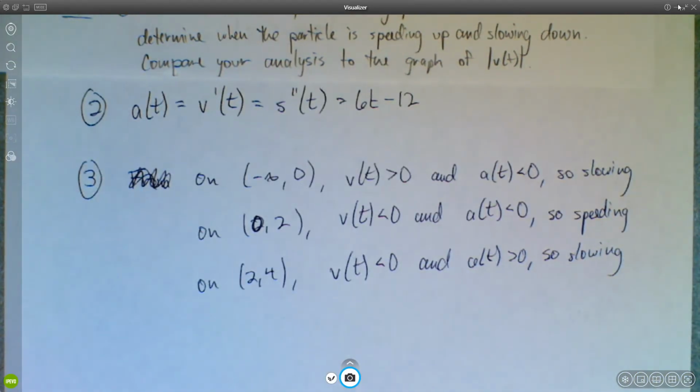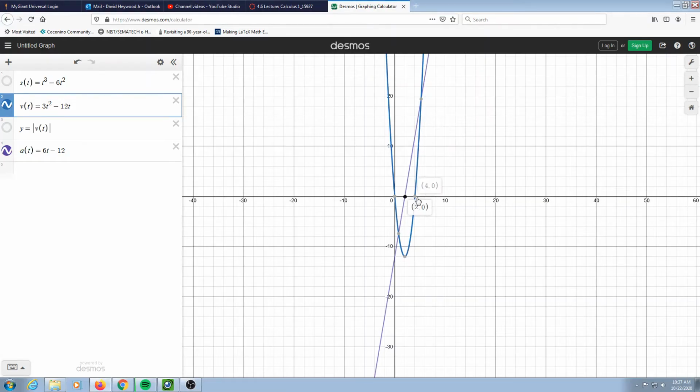Okay, and then finally, from 4 onward, the velocity and acceleration are both positive.